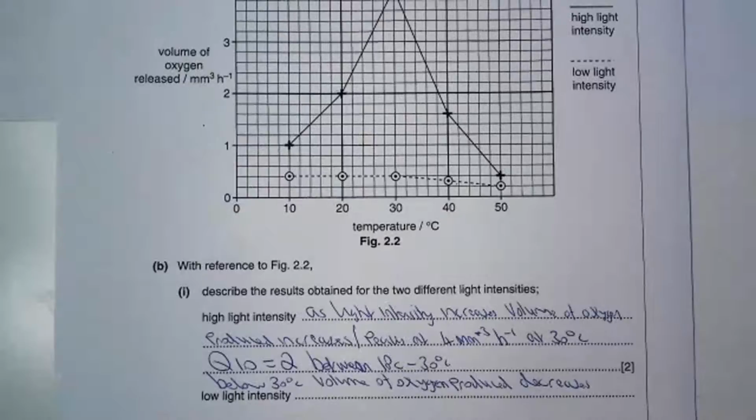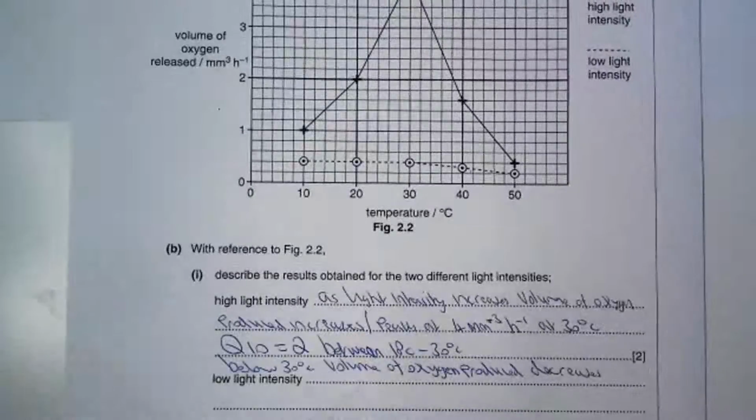Okay, so that's explained what's happening for high light intensity, and we'd need 2 of those 4 marking points.